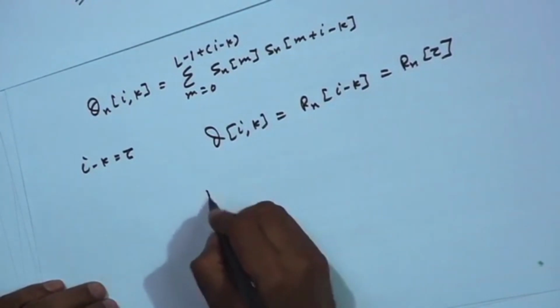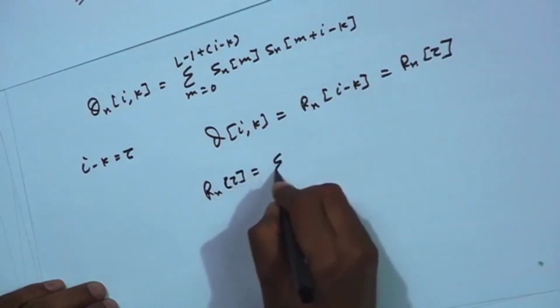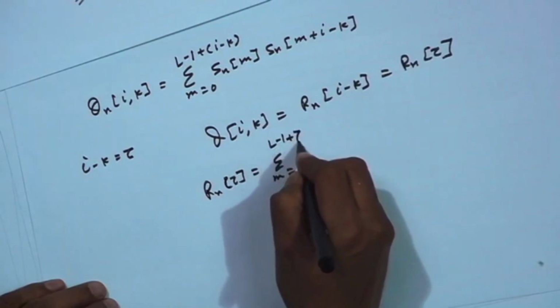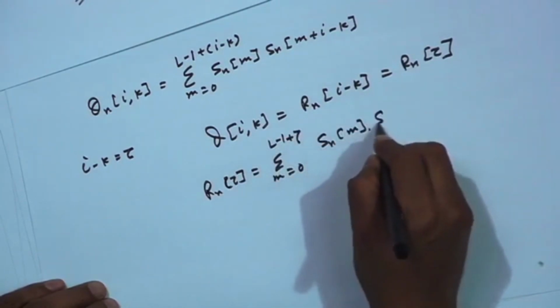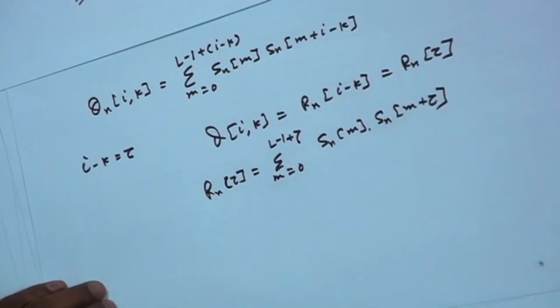So, R n tau is nothing but the sum from m equal to 0 to L minus 1 minus tau of S n m into S n m plus tau.